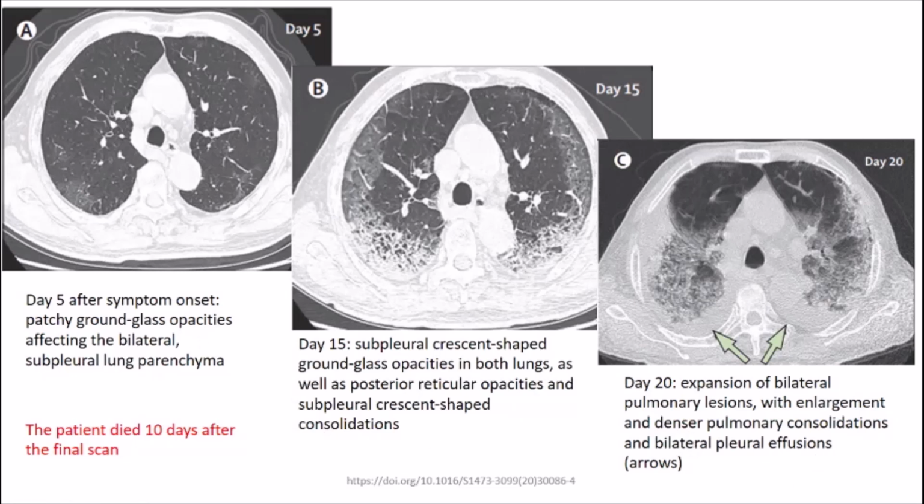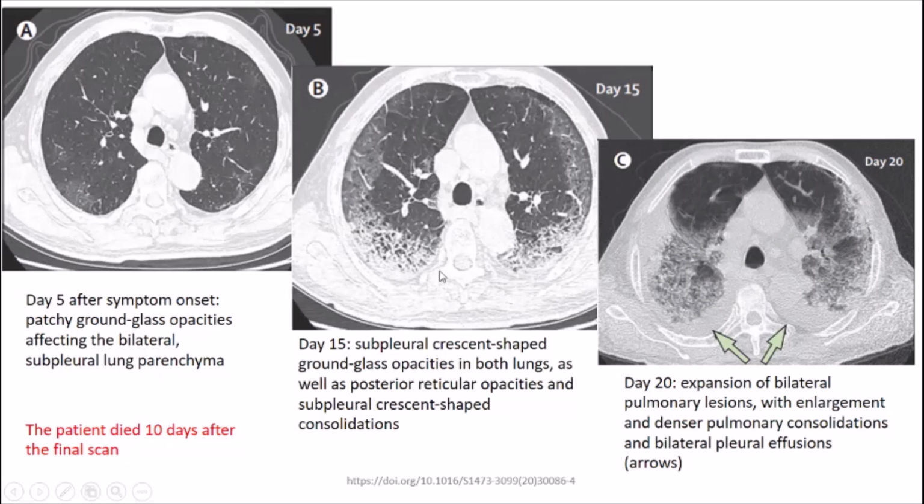This patient is a type 2 patient which showed progressive deterioration from day 5 until day 20 of symptoms. So at day 5, initially had some ground glass opacities peripherally located, and then which transformed into a mixed with reticular consolidation and crescent-like ground glass, again peripheral, subpleural, bilateral.